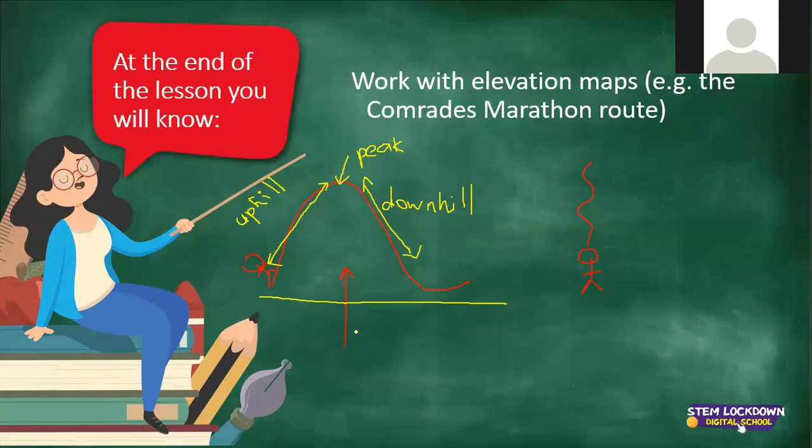So this will be your distance, and depending on what type of map I'm using, it will be in miles or kilometers. I can just use kilometers for this illustration. Obviously, it's starting at 0, it's a race, and ending somewhere.